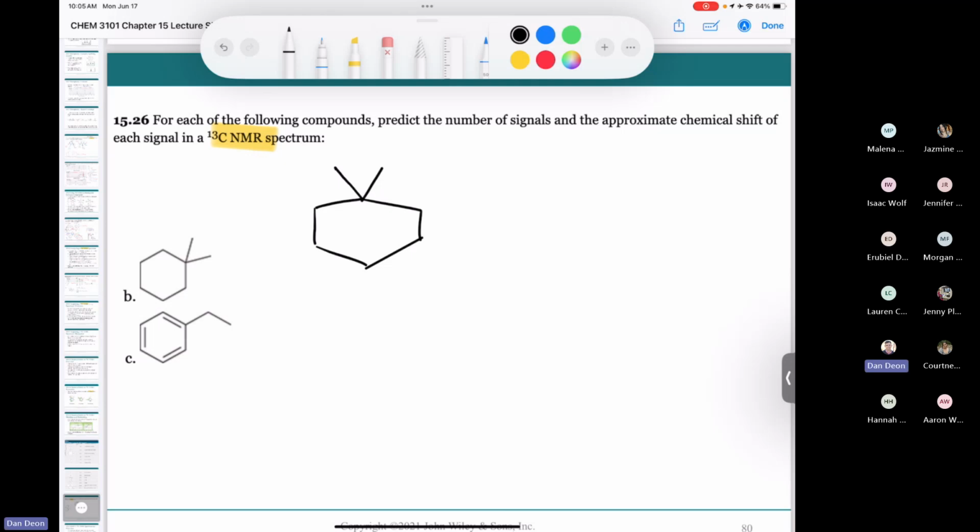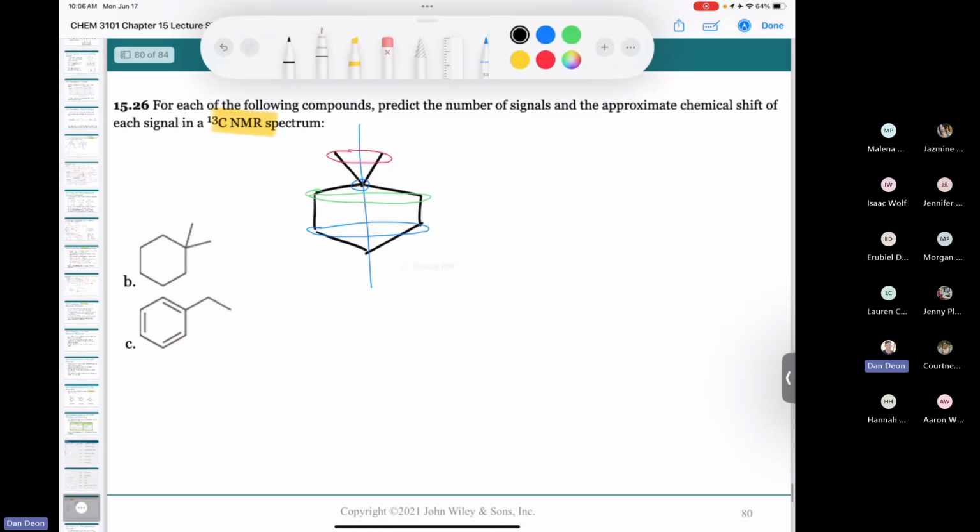So for this one, let's see here. There is definitely an axis of symmetry through the molecule like this. So I got 5. These two methyls are chemically equivalent, so that's 1. Then we have this quaternary carbon, which counts, so that's 2. 3 for these two methylenes, 4 for this one here, and then 5 for the last methylene.